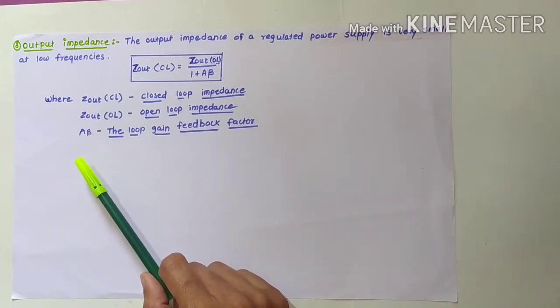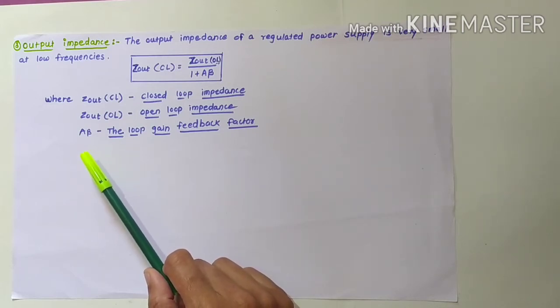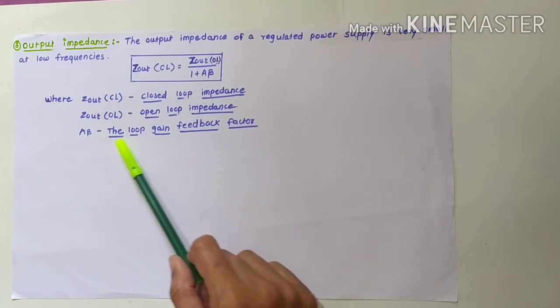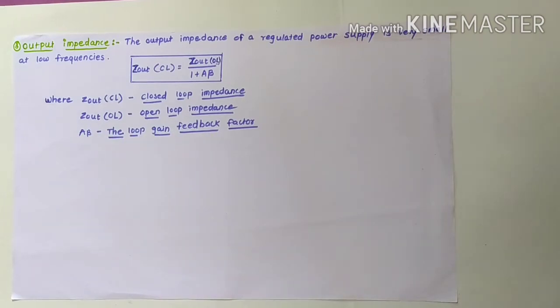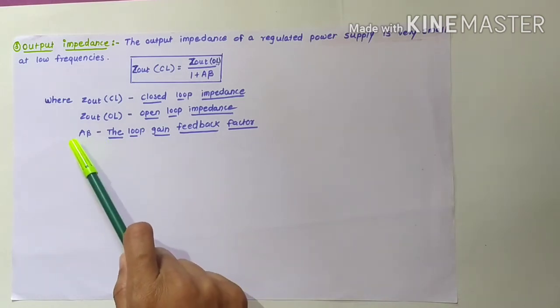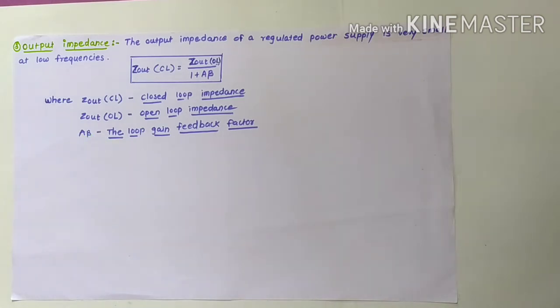This affects the overall impedance of the circuit or the DC power supply. The A beta is the open loop gain feedback factor, or simply this A beta is called the gain feedback factor.